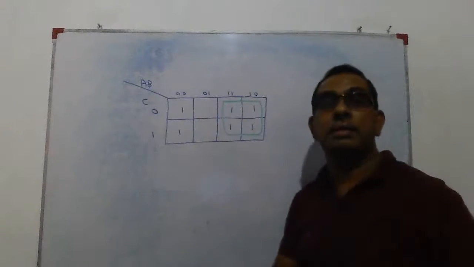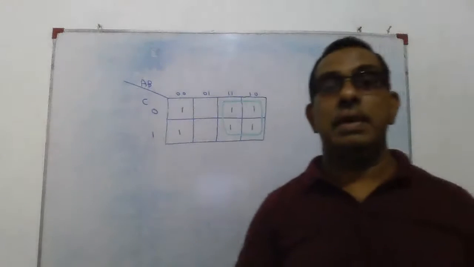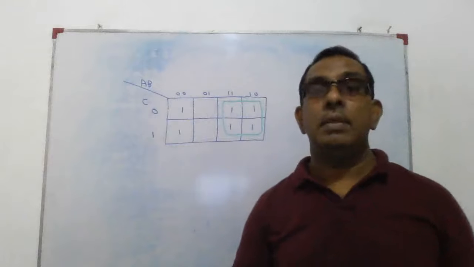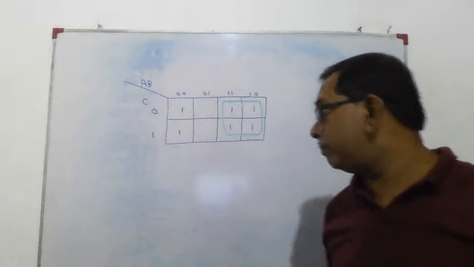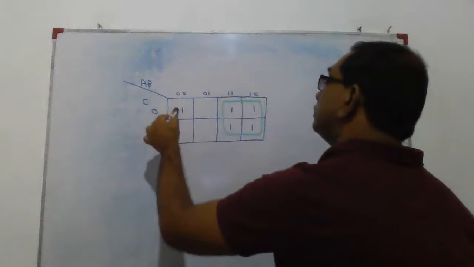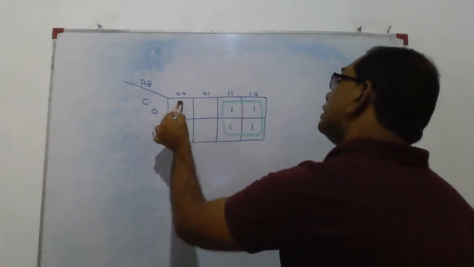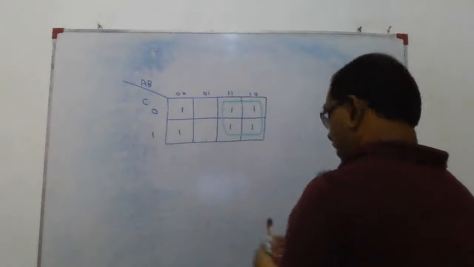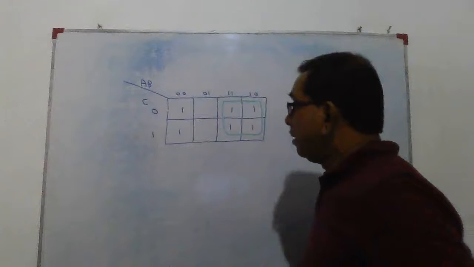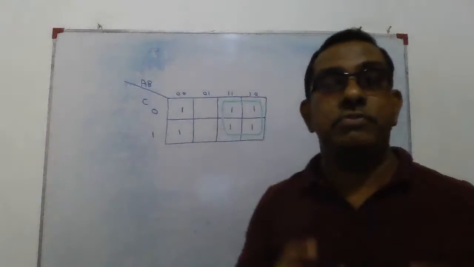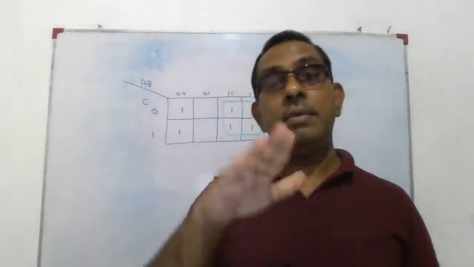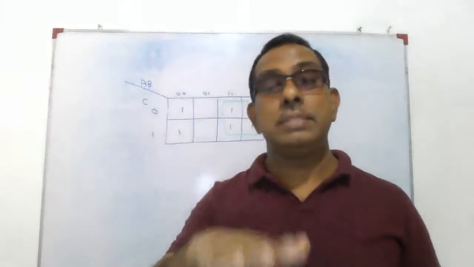I can see this one properly, so I have a group here. Then after that, what we are going to do? You can see there are 2 ones here. You can easily make a group, but don't do it very quickly, because you have to check whether there is an ability to create another 4 cells group.